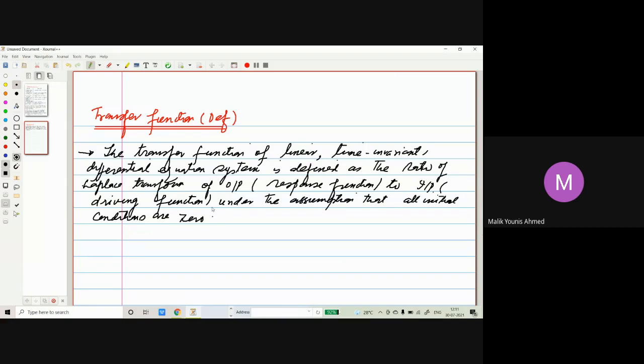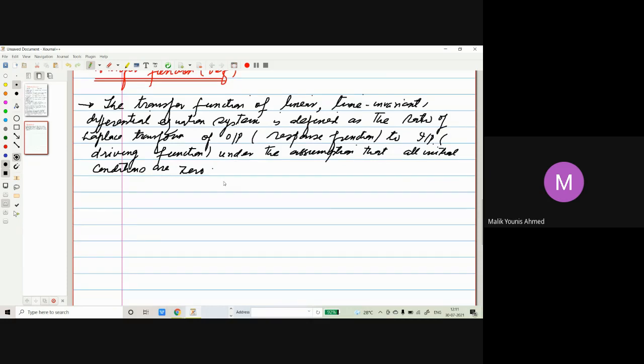So you have to see the response output divided by input. That is all. Take the Laplace transform of that. So let's begin deriving.